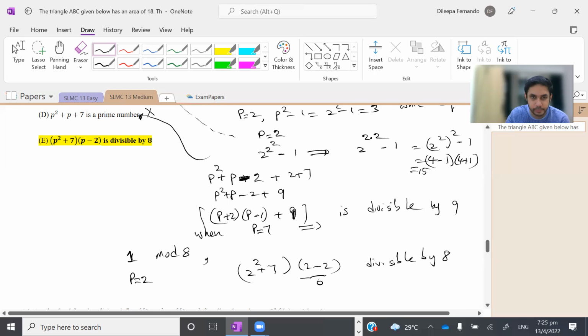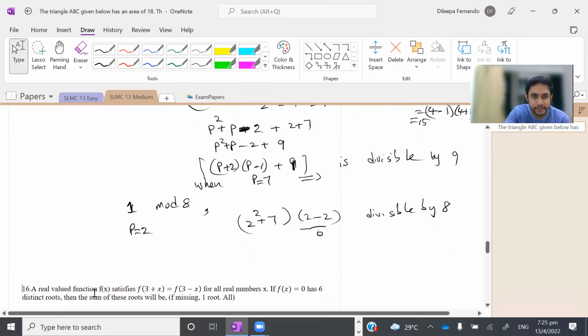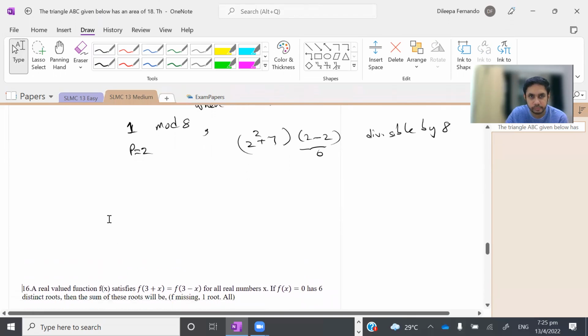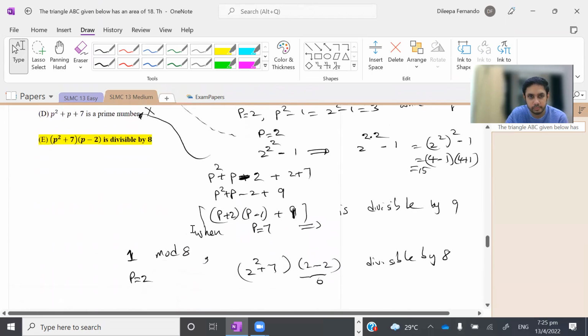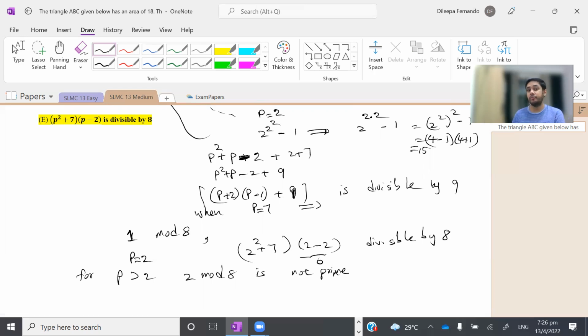So for p greater than 2, 2 mod 8 is not prime, so we are not considering it, because for p equals 2 we have proven that it's divisible by 8, and we need to prove it for all primes.